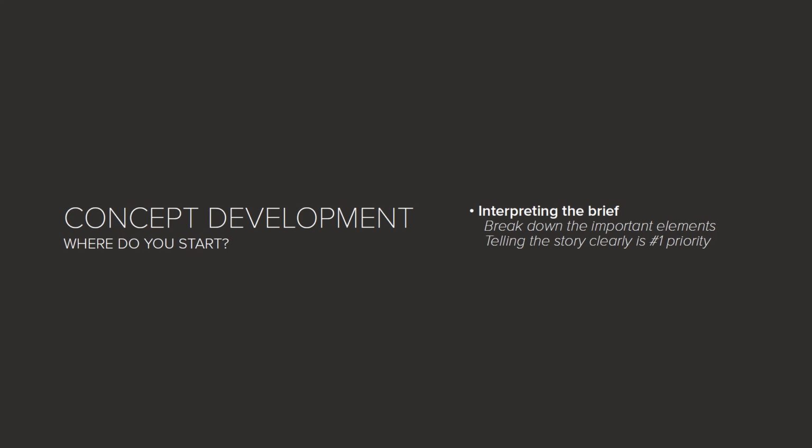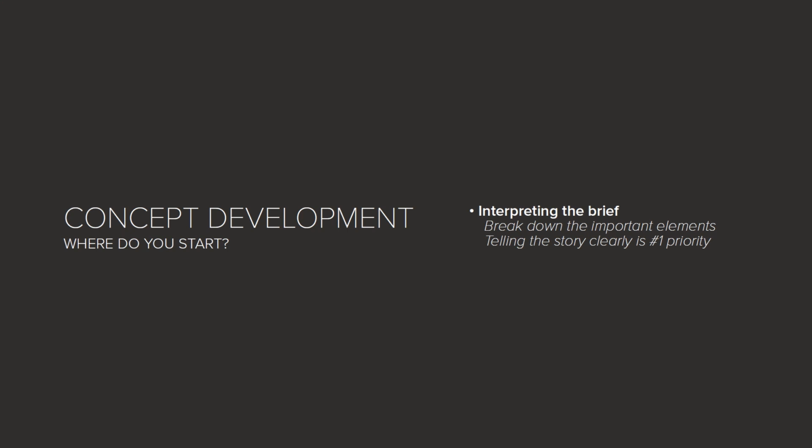And we're going to do everything with the idea that telling the story as clearly as possible is the number one priority. That is always number one. So everything that we do, we're going to use this story beat as this sort of check for our design process.